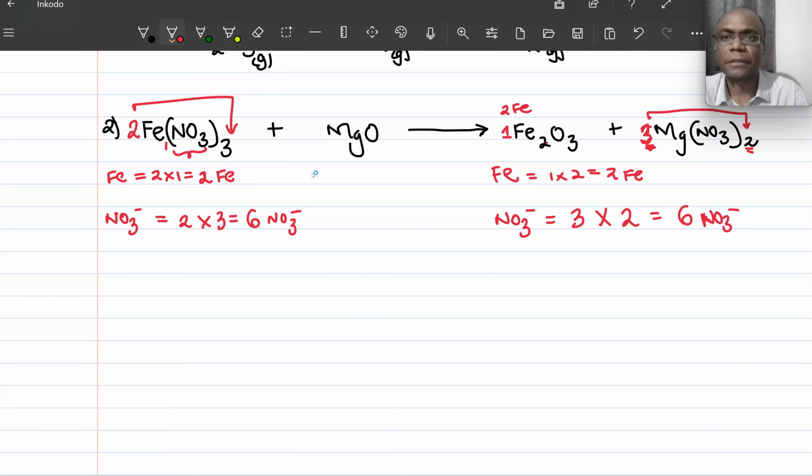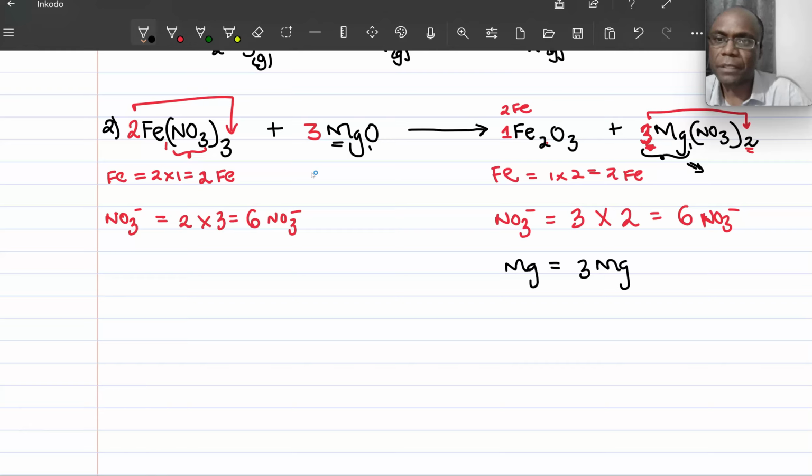Now, doing so, the magnesium here is affected. This is currently telling me that my magnesium here, I have 3 magnesiums, right? 3 times 1 is 3. On the left side, how many magnesium do I have? Only 1. So to balance it, I will introduce a 3.